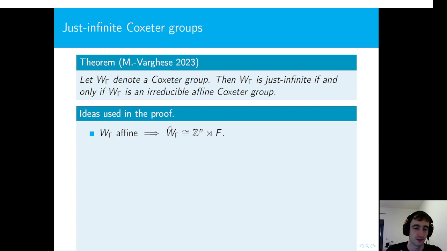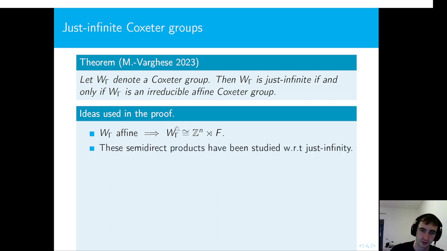This argument will come up again and again today, by the way. And semi-direct products of this form, Z^n times some finite group, have been studied with respect to just infinity. So there's some condition that you have to check on the action of the finite group on the Z^n. And you can do this for irreducible affine Coxeter groups and then figure out that, okay, this works.